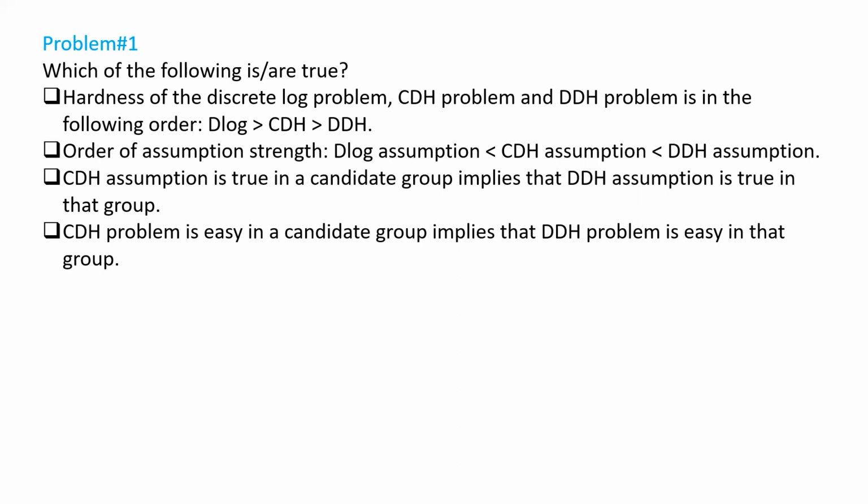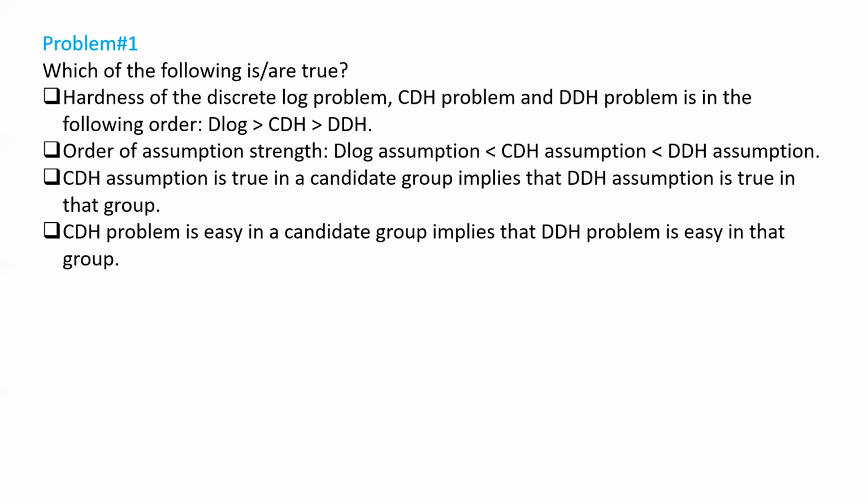So to distinguish between these two kinds of triplets is the DDH problem. Now, once you are able to solve the CDH problem, that is, you are able to compute the value of g to the power alpha beta, then seeing a triplet, you can easily check if the third element is equal to g to the power alpha beta or not. Then, solving the CDH problem implies solving the DDH problem.